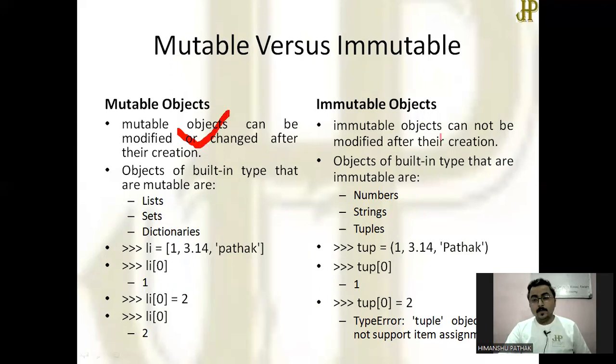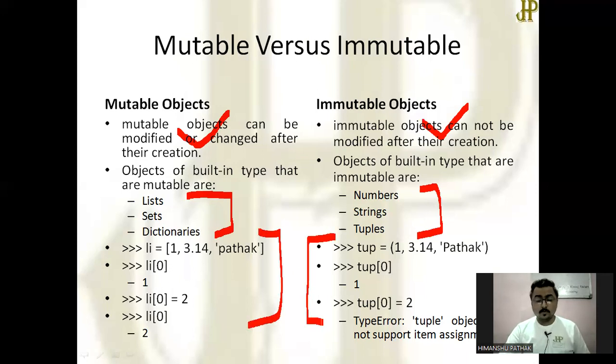In immutable, objects cannot be modified. Some examples are list, set, dictionaries are mutable. You can change the value. Numbers, string, and tuples are immutable. Here, examples are listed. I already discussed, so moving further.